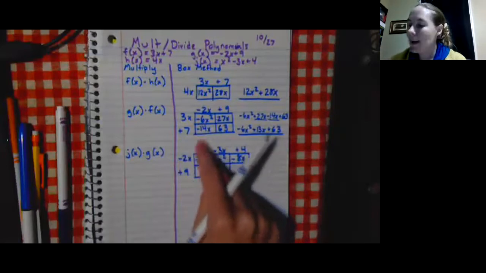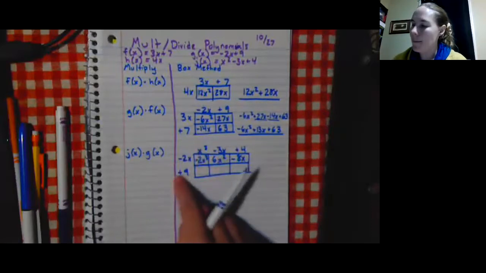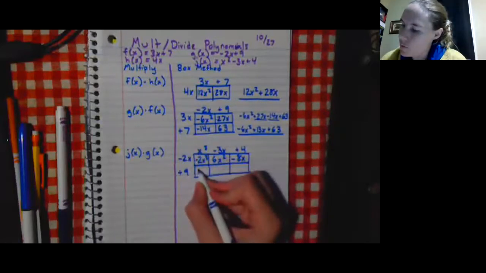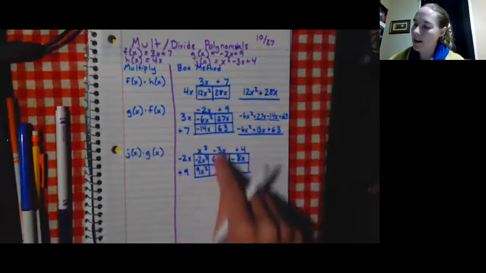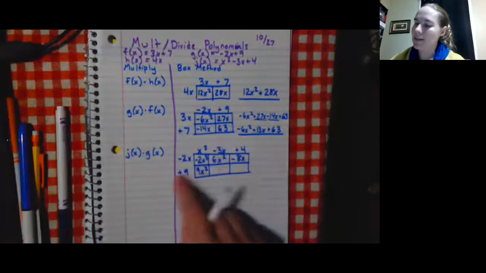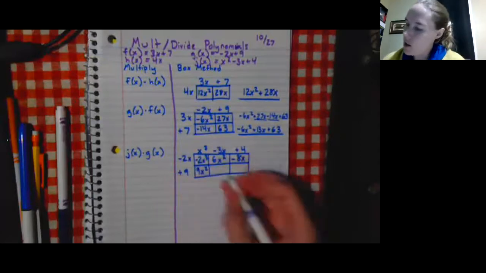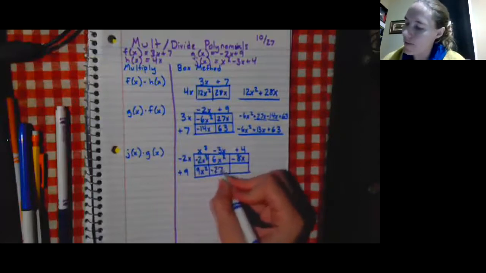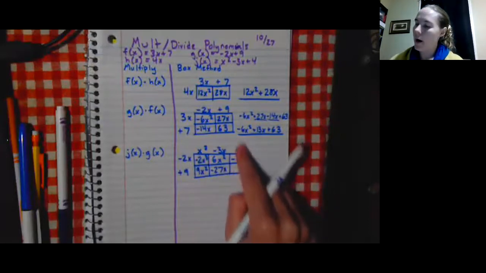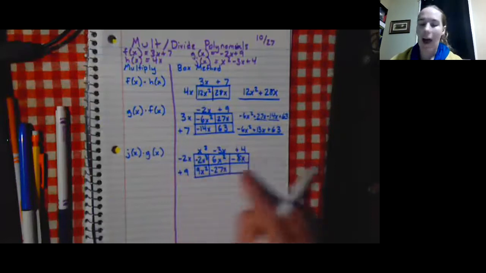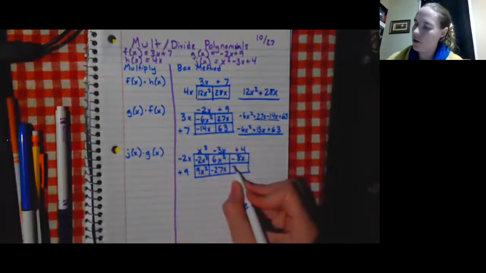We have this x squared from our top times 9, which would be 9x squared. Our next one, we have that negative 3x times 9, which is negative 27x. And then finally, we have that 4 times that 9, which gives us 36.